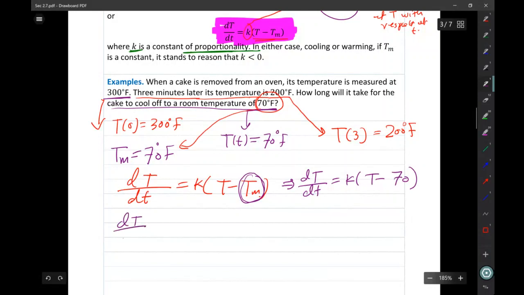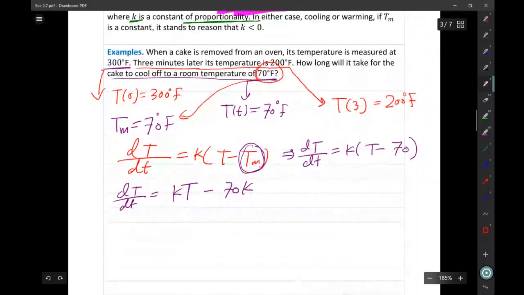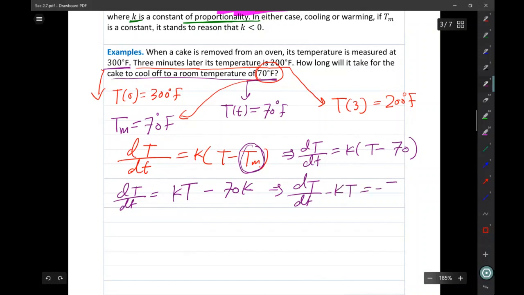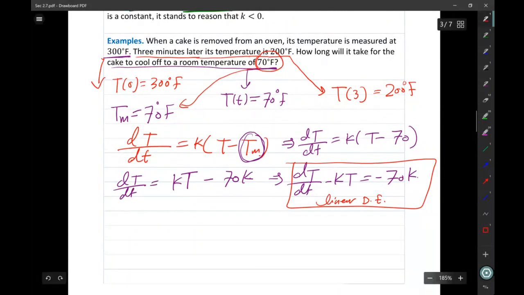Then dT by dt is equal to kT minus 70k, which implies that dT by dt minus k times T is equal to minus 70k. Now I wrote it in this form to be a linear differential equation. We have to solve it as linear.